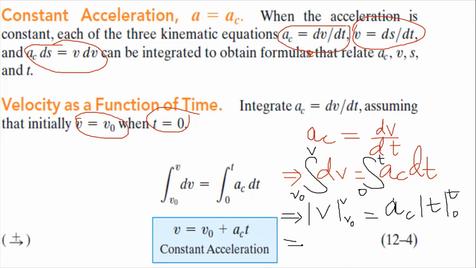So what will happen, v minus v naught equals a times t minus 0. Is it done? So we will bring v naught here, so it will become v equals v naught plus at. So this is the way to derive the equation. I am moving towards the next slide, so you will get the equation of acceleration.